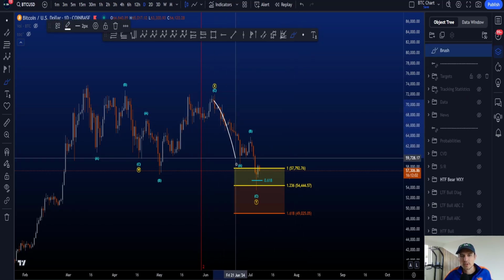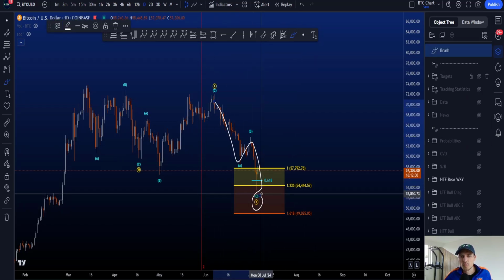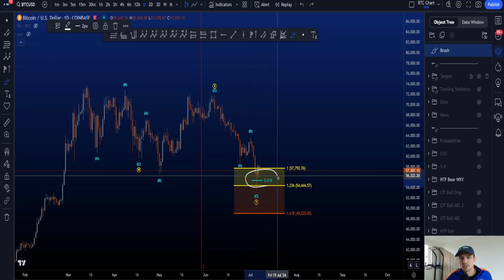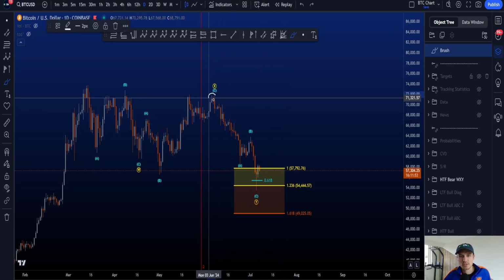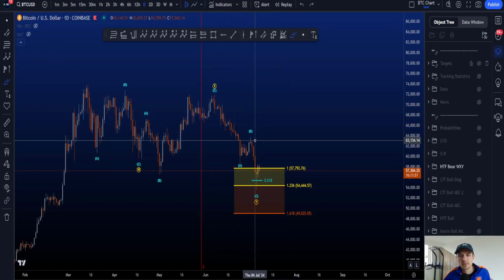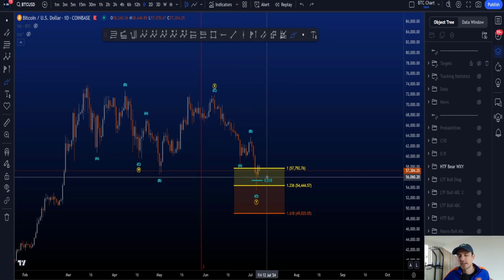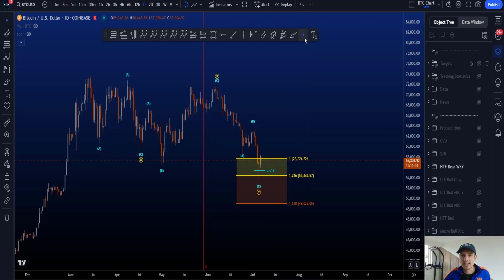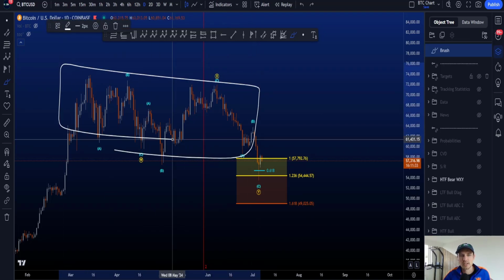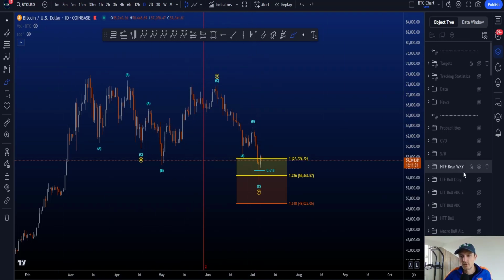And then finally, we need to have an ABC in a wave Y, where wave C touched the 0.618, which is a target for a wave C. That is a trend-based fib extension taken from the start to the end of A to the end of B. However, the 0.618 is a rare target for a wave C, so it doesn't really add to the probabilities over WXY. However, if price does take out 63.8K, increasing probabilities to move towards the upside and continue to the upside in this range, then this would be a scenario to keep in mind.